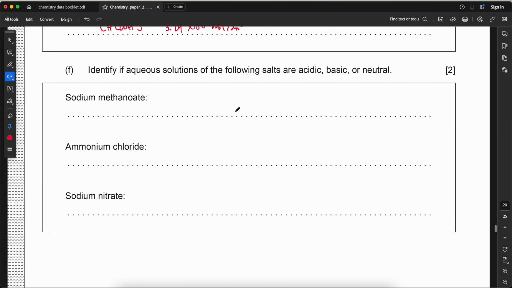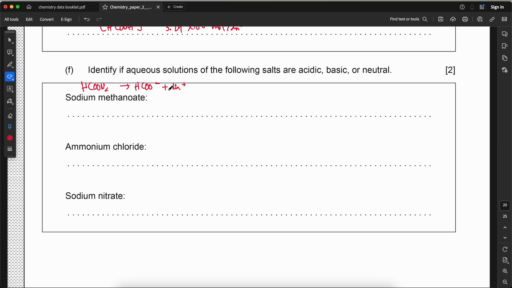Identify if aqueous solutions of the following salts are acidic, basic, or neutral. Sodium methanoate, HCOONa. When it dissociates, it will produce HCOO⁻ plus Na⁺.